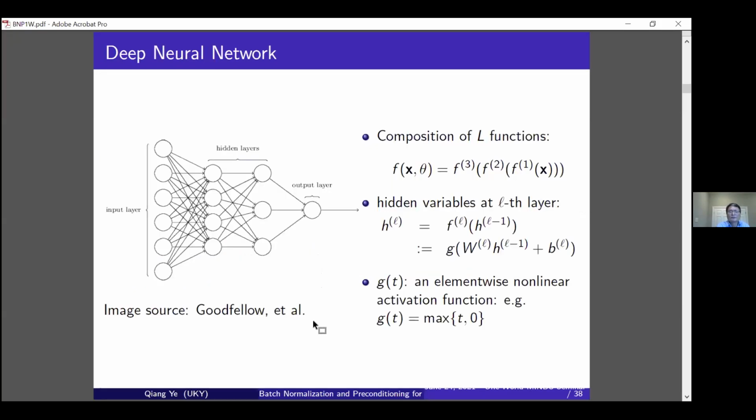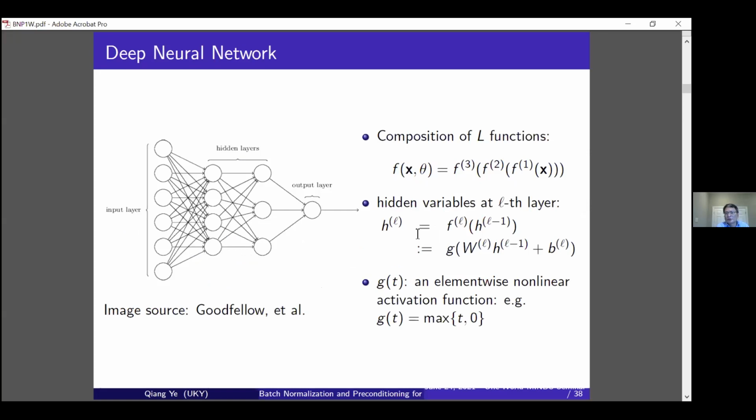So let's look at each of those in a little more detail. First, the deep neural network. A neural network is just an input-output relation defined by a composition of L functions like this here.